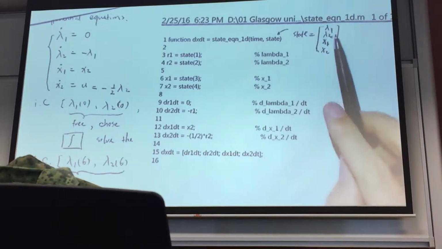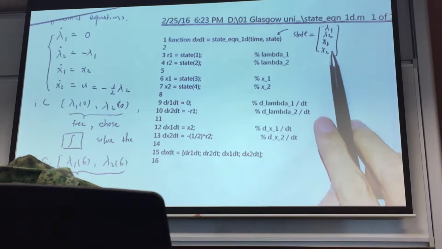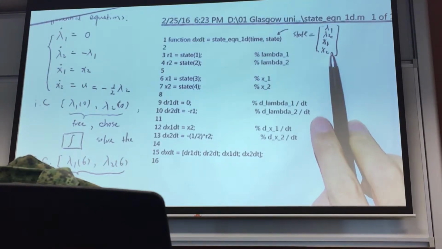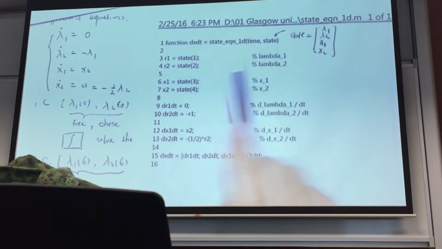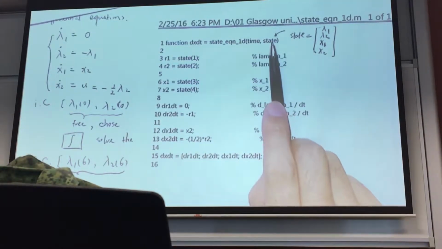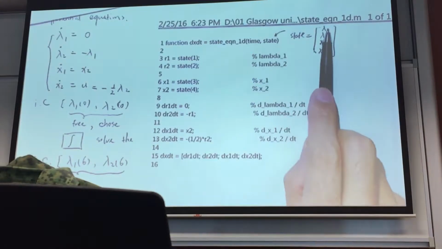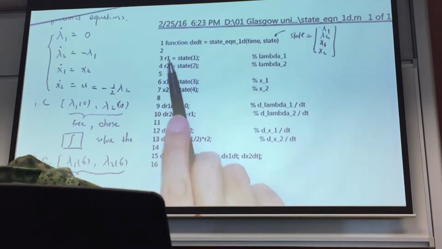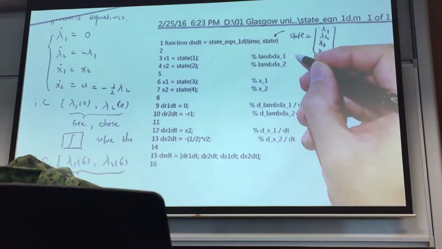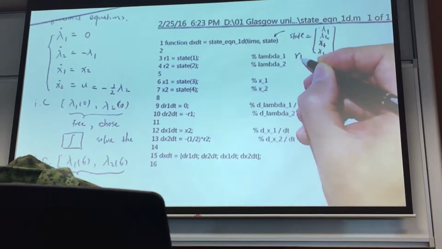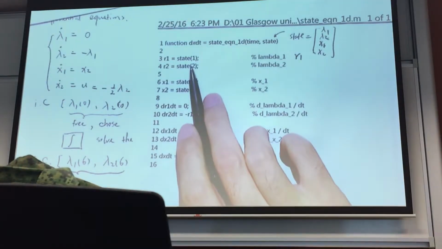The first component in the vector is lambda 1, so I use r1 to represent lambda 1.